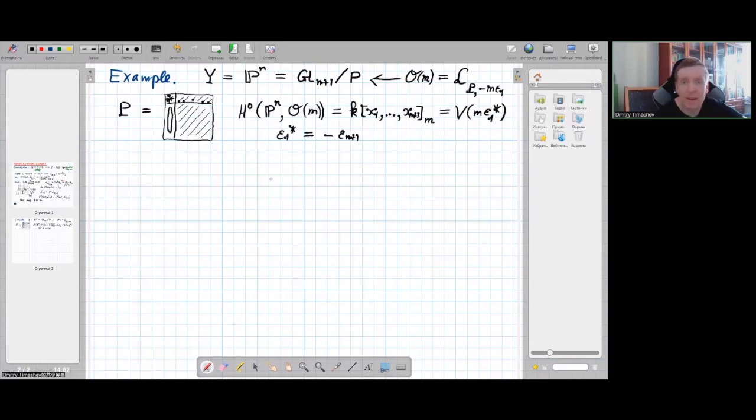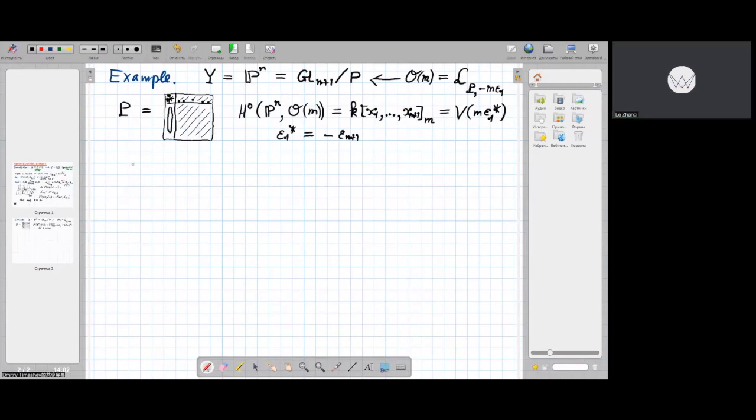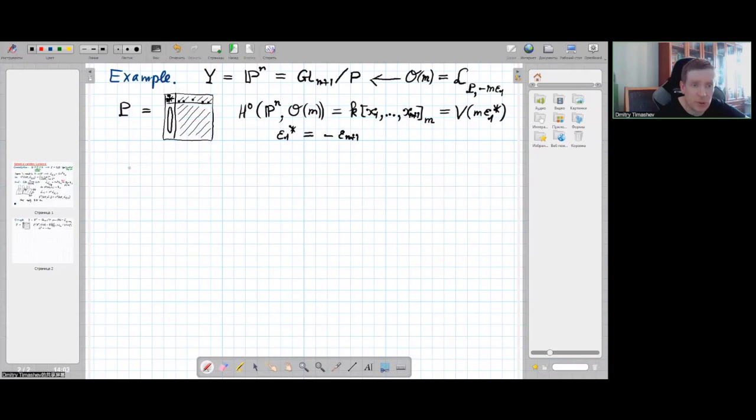Excuse me. Let me first answer the previous question. Let me recall that epsilon i is a character of the diagonal torus, which takes a diagonal matrix of this form, now of size n plus 1, to its ith diagonal entry, t_i.